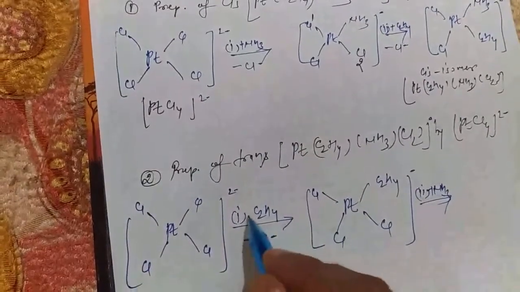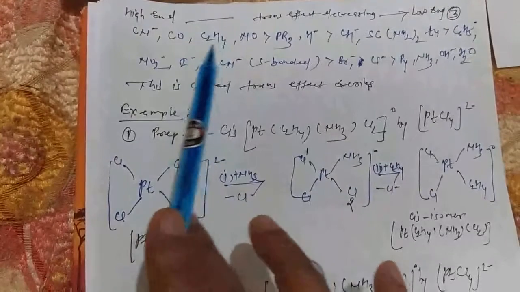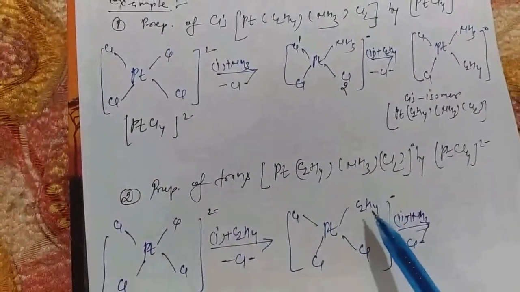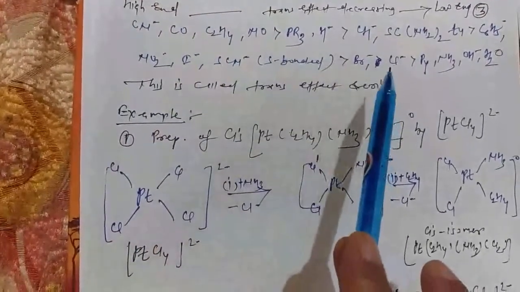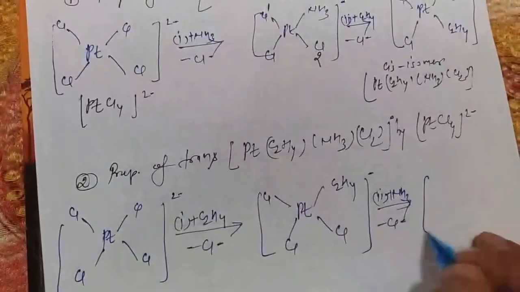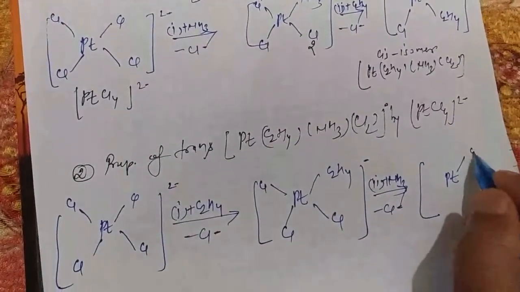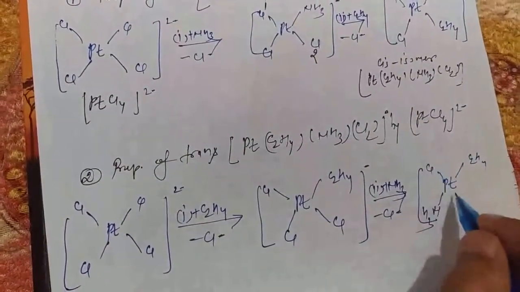We have to add ammonia by replacement of one chlorine only, because, as you can see, the trans effect of C2H4 is greater than that of this chlorine. So we have to replace this chlorine only, and as you replace this chlorine, you will get the trans product.